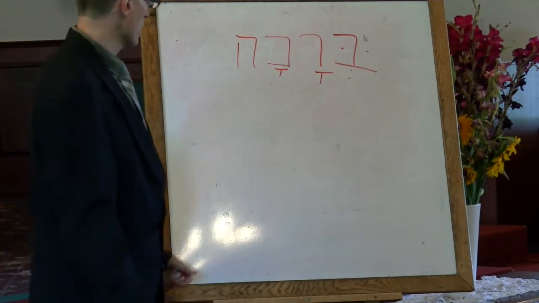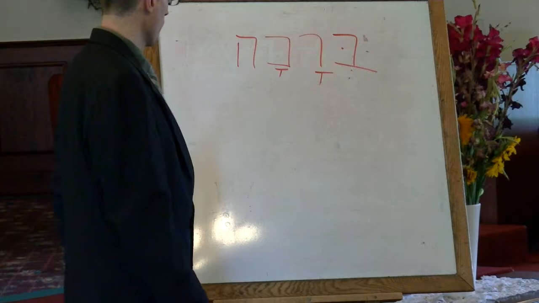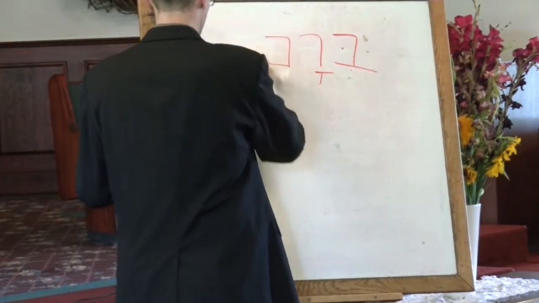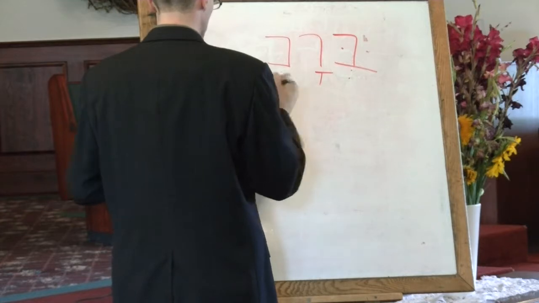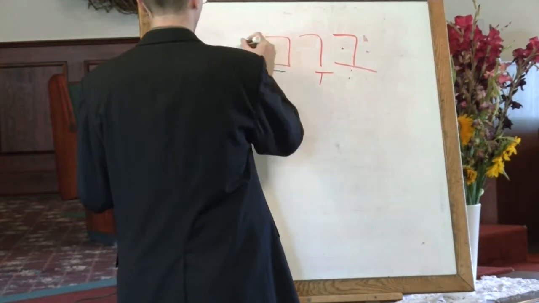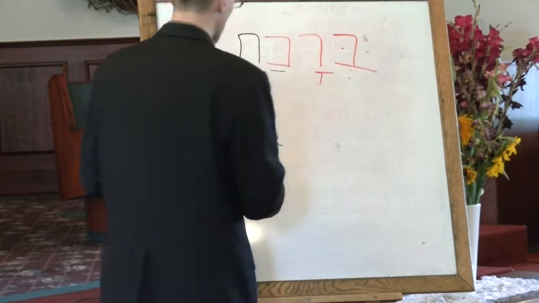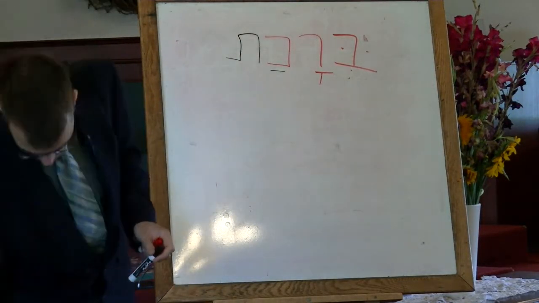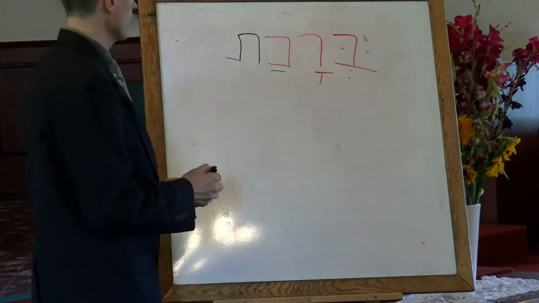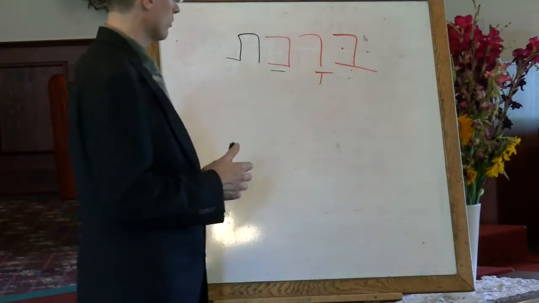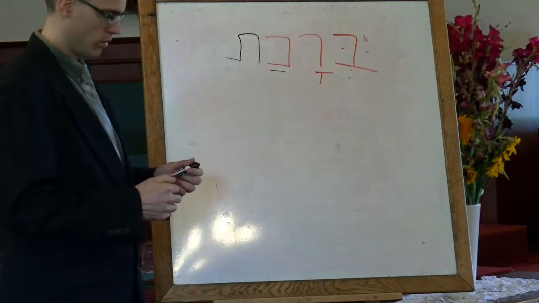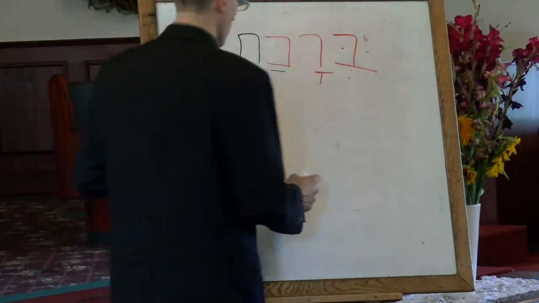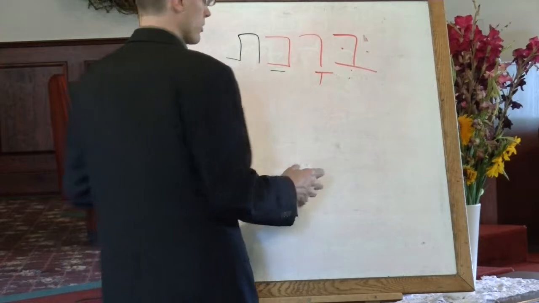So the easy part here, yeah, so we take the qamets he off, and we stick on the patach tav. So that's easy enough. Now, rules 1, 2, and 3 from lesson 16. Do any of those 3 rules apply? Good, because we have an unstressed qamets.